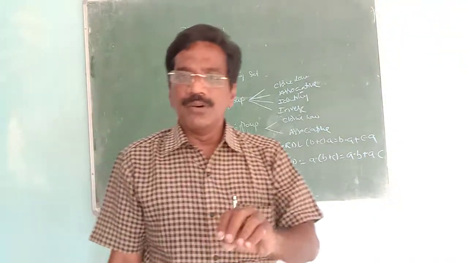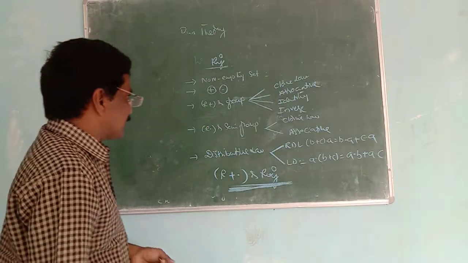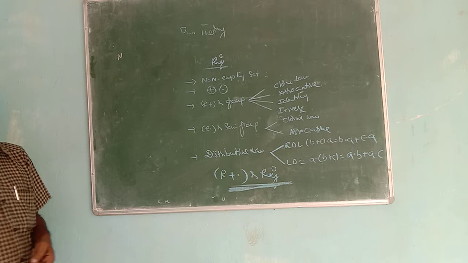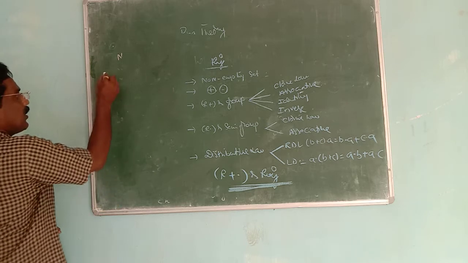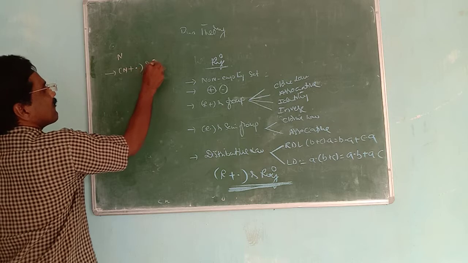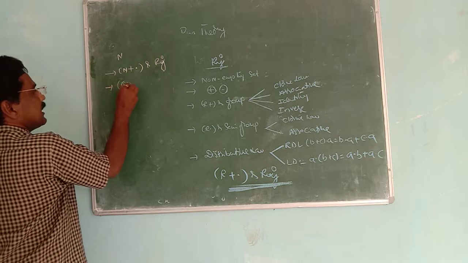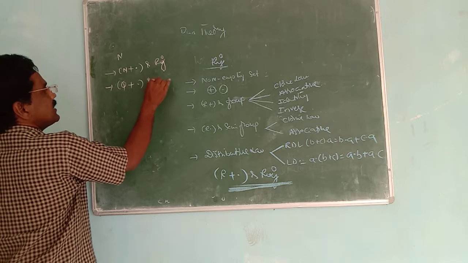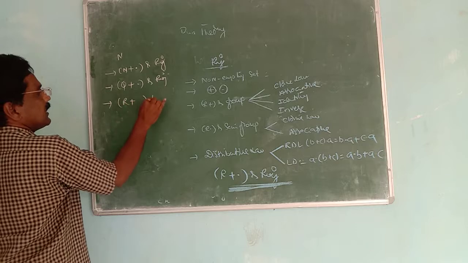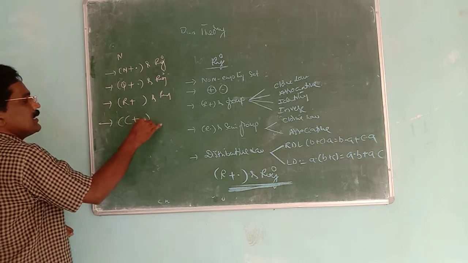In the same way, we can take any non-empty set. For example, take the natural number set: is N plus dot a ring? Likewise, Q plus dot is a ring, R plus dot is a ring, and C plus dot is a ring.